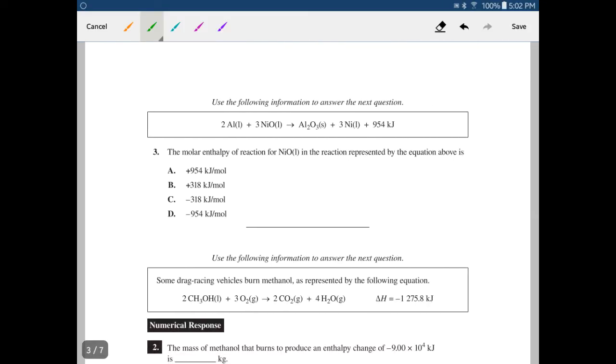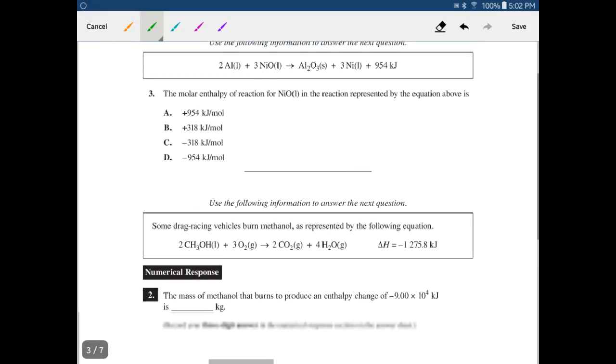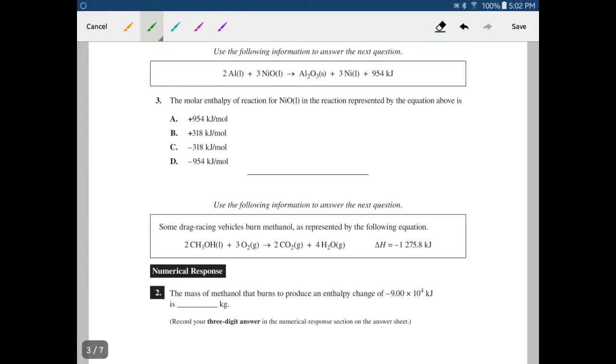Let's continue on. Multiple choice number 3 says, the molar enthalpy of reaction for nickel oxide in the reaction represented above is blank. So when we take a look at this question, we can look at the total enthalpy produced in this equation.